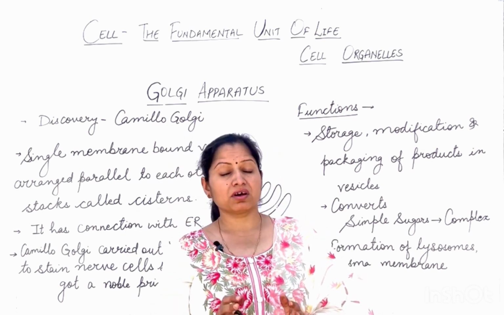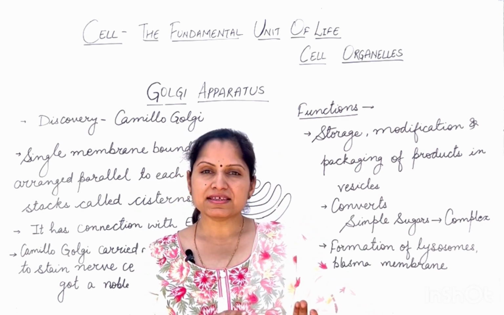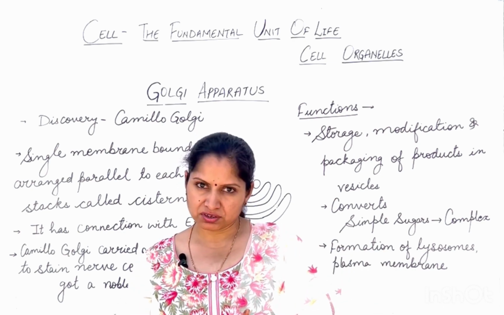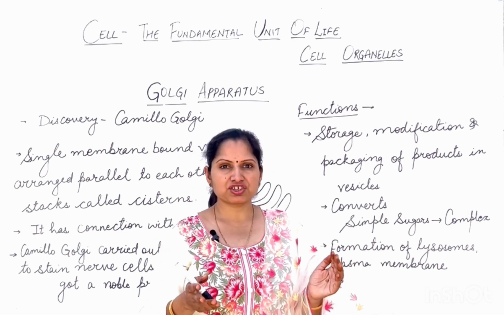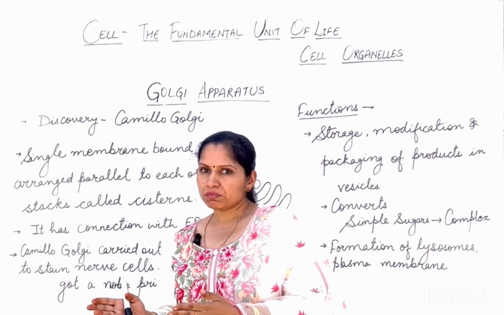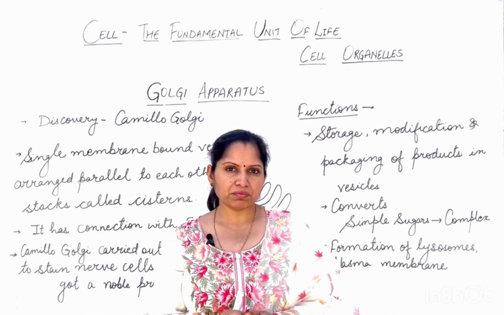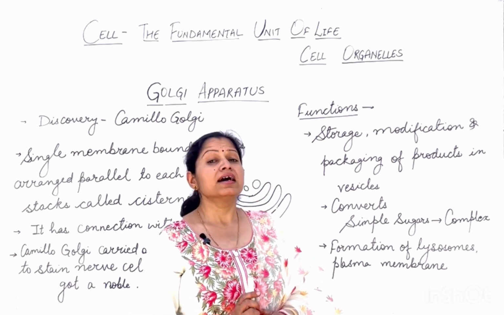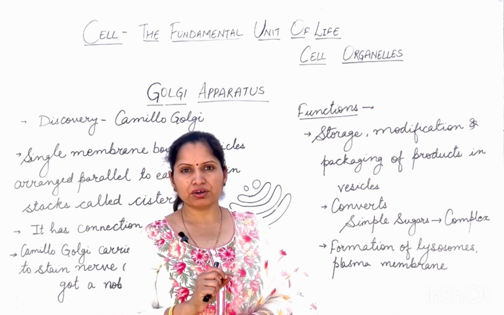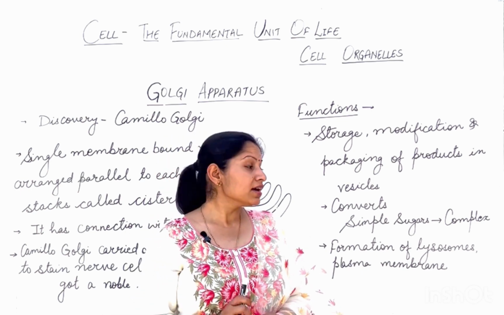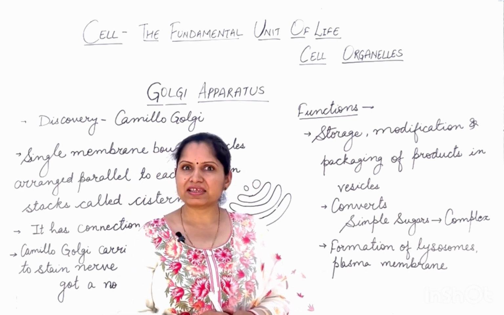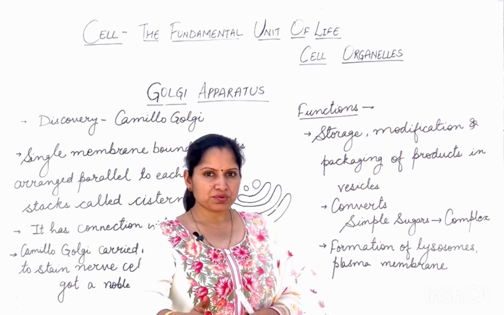The Golgi apparatus also performs the function of converting simple sugars to complex sugars. Apart from that, one very important function of the Golgi apparatus is the formation of lysosomes.